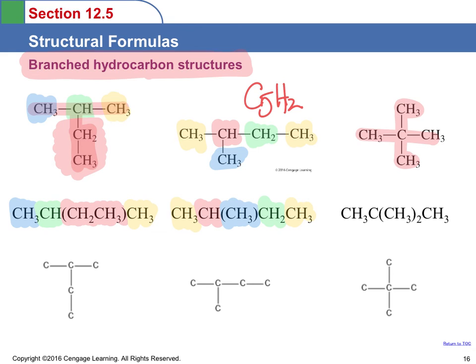So hopefully you're seeing how you can go from the full structure to a more condensed structure when we have branching. Then for skeletal, it's really the same. So take your full structure and just erase the hydrogens. So we've got 3 carbons with 2 branched off. We've got 4 carbons with 1 branched off. 3 with 2 branched off, both coming off of that middle carbon.